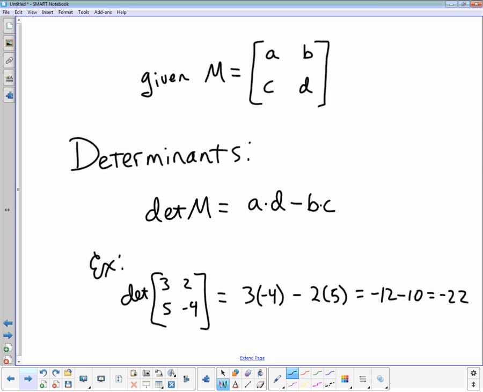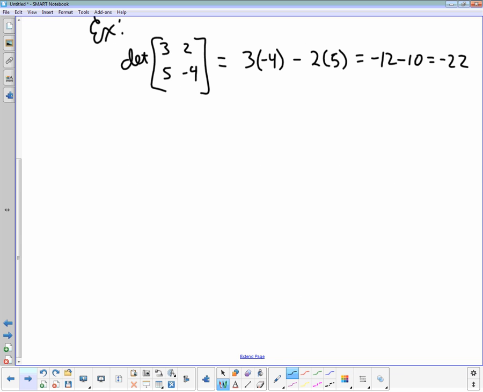But if I take a coordinate pair like this, which would be the coordinate pair 2, 1, right? And I multiply this matrix against it.